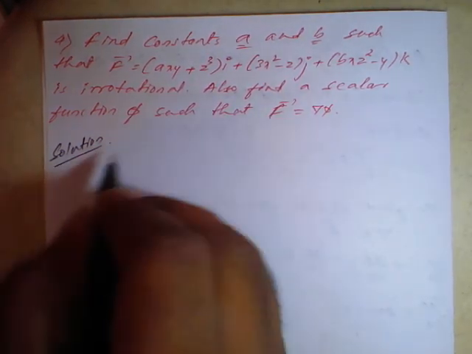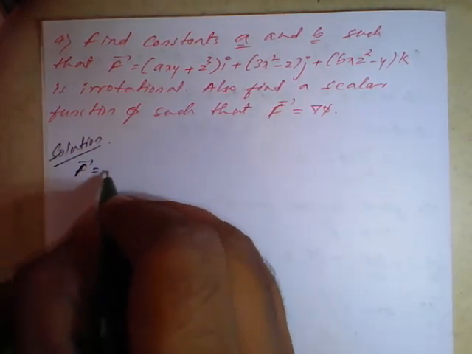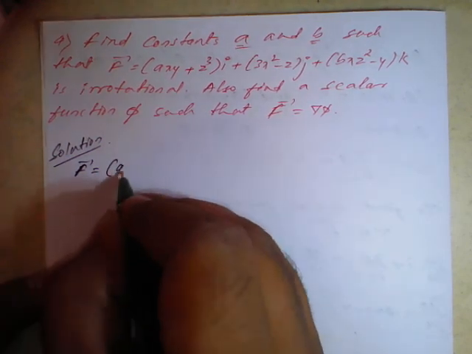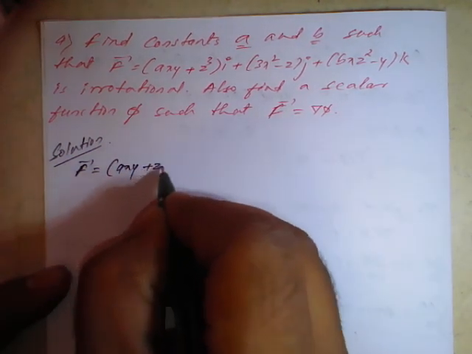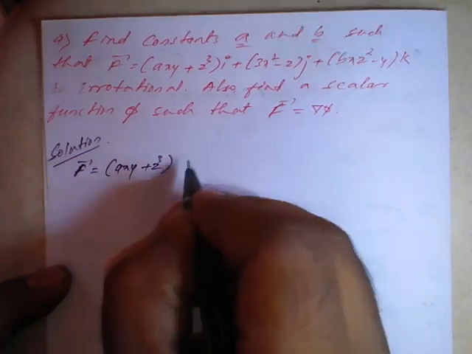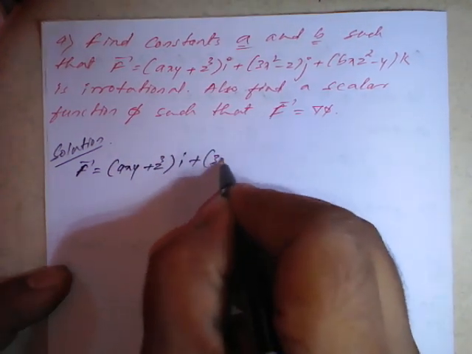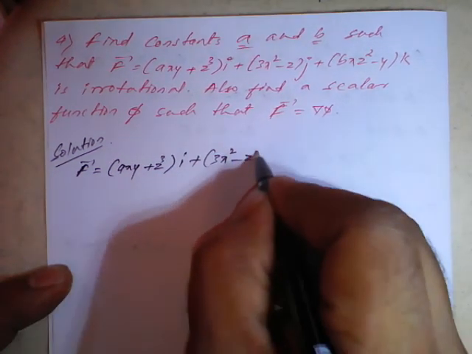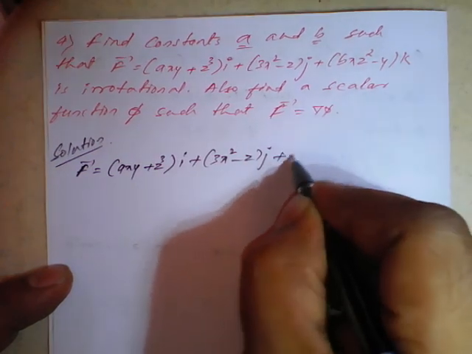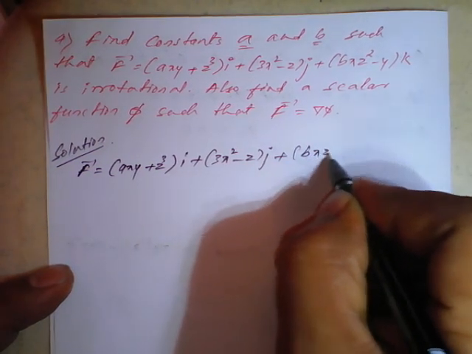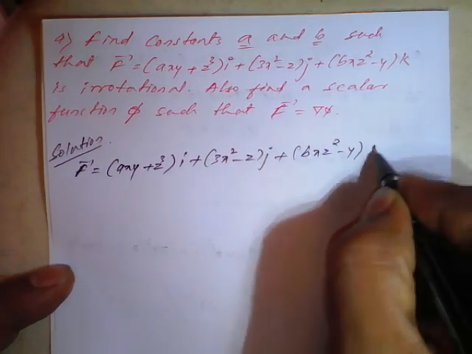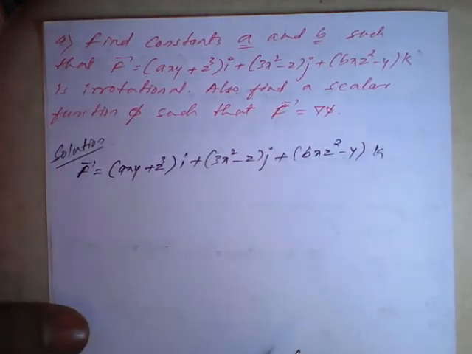So, solution. The given vector f, I will take it as it is, that is (axy plus z cube) i plus (3x square minus z) j plus (bxz square minus y) k. This is our given vector f.